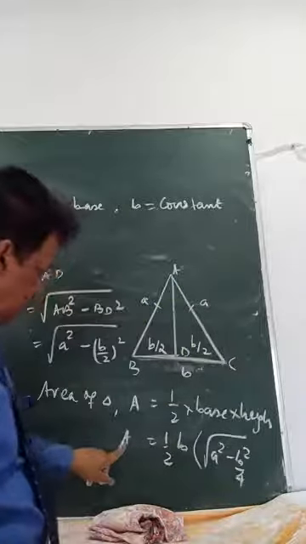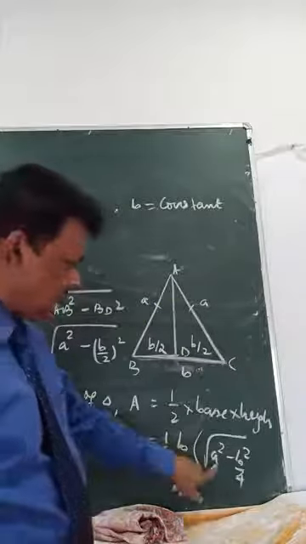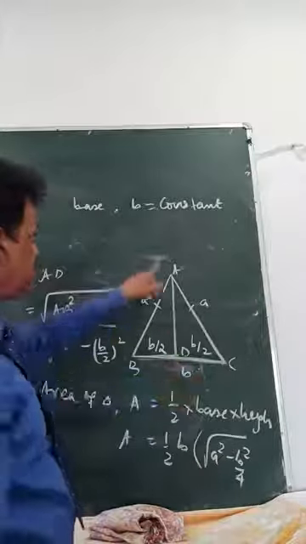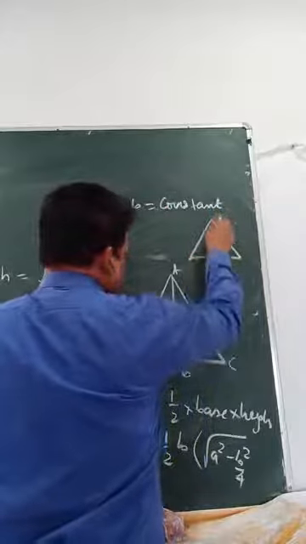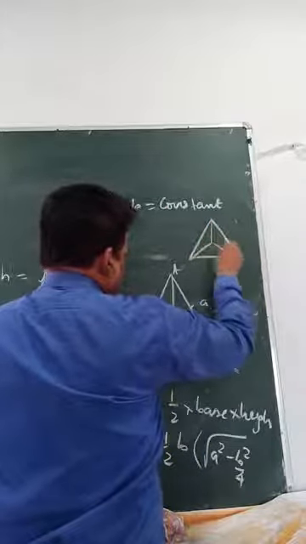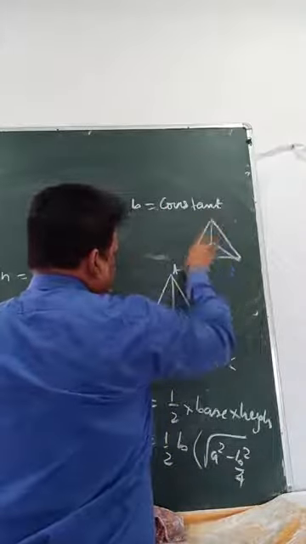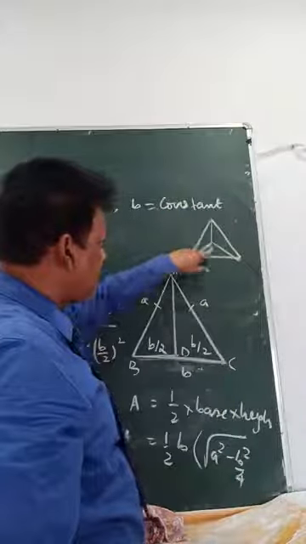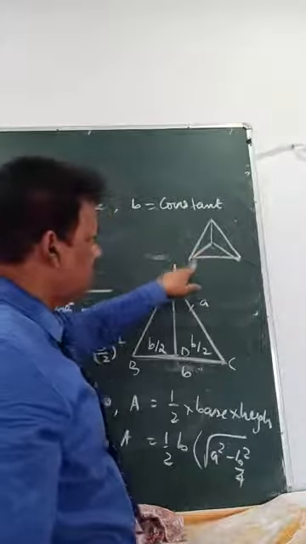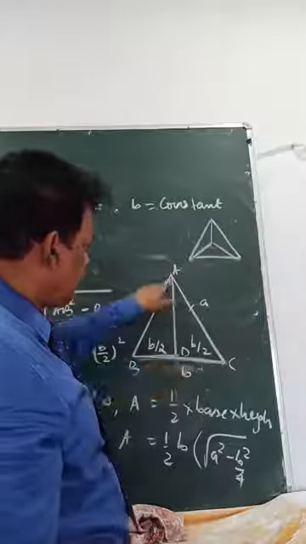Then you have to differentiate with respect to A, because A is variable. I had shown you here why A is variable. First the length was this, then decrease means this is changing. So the side is changing means A is changing, B is not changing. So B will be fixed, A will be changing.